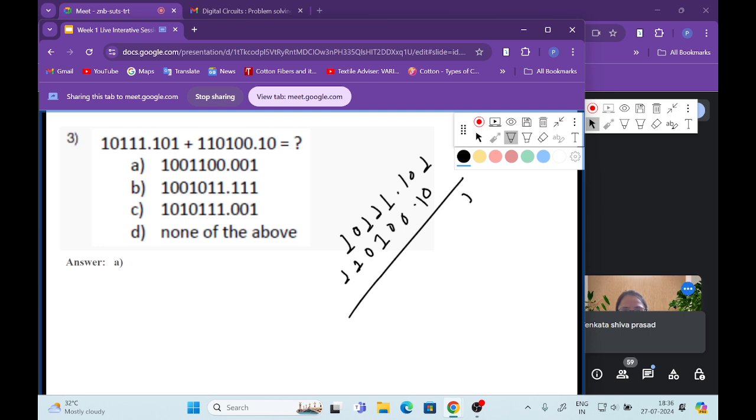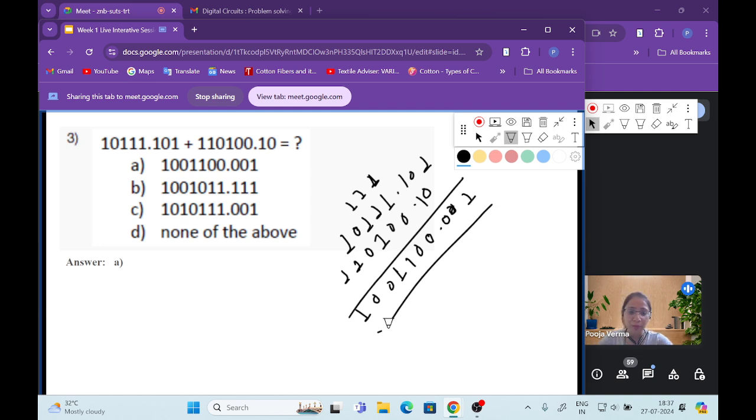So you will get 1, 0, 1, 1, 10, right? 1, 1, and so 1 here, 1 is just adding 1. So 10, again 1 borrow is there, so 10 again 1, 1, 10 and 1 from here, so 11. So here 0, 0 plus 1. So 1, 1, 1, 10, again 1, 1, 10. Okay, so what have you got? 1001100.001.